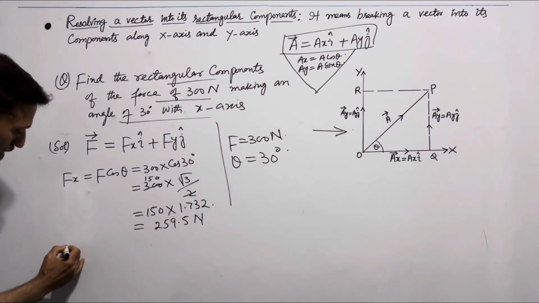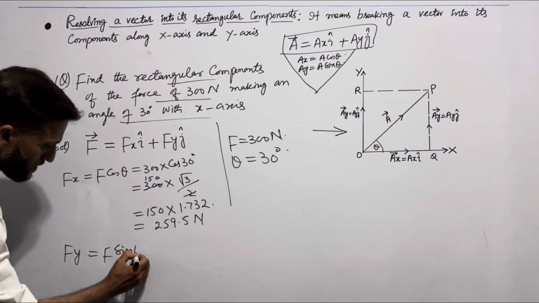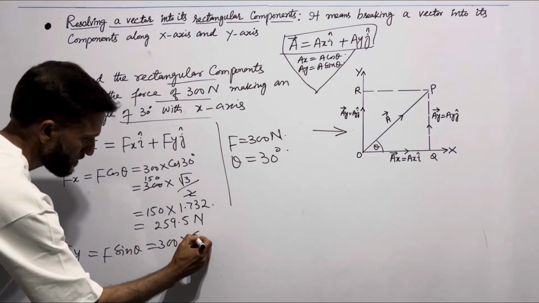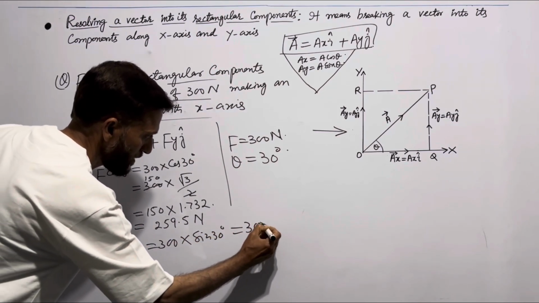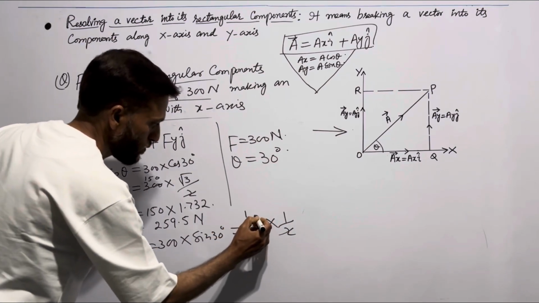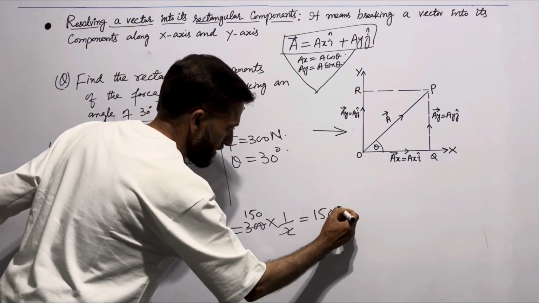Similarly, we have Fy equals to F sin theta, which is equal to 300 into sin 30 degree, which is equal to 300 into 1 by 2, 2 1s are 2, 2 5s are 10, 2 zeros are, this is equal to 150 Newton.